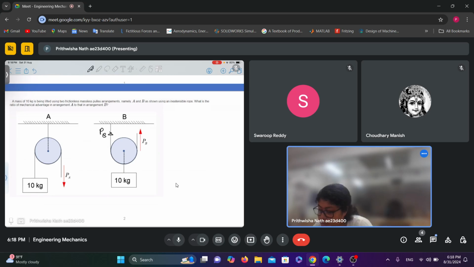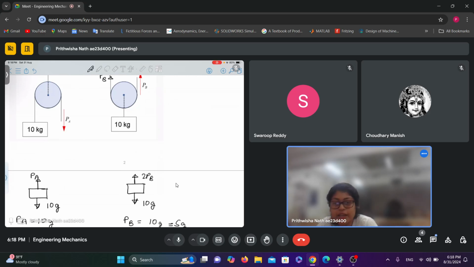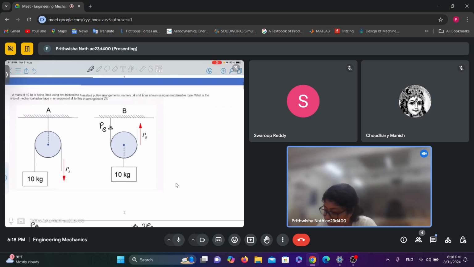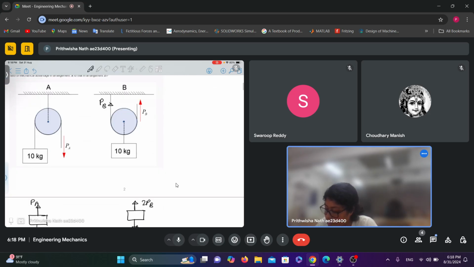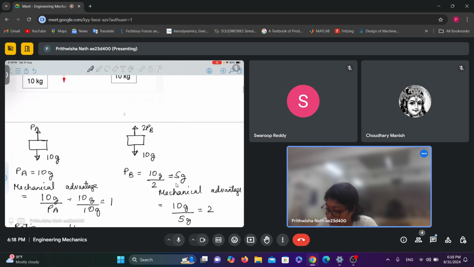There are two arrangements. So in the first case and the second case, we have drawn the free body diagrams. We have to find out the ratio of the mechanical advantage in both the cases. First we need to find the mechanical advantage in both the cases, and then we need to find the ratio. So PA equals 10G.